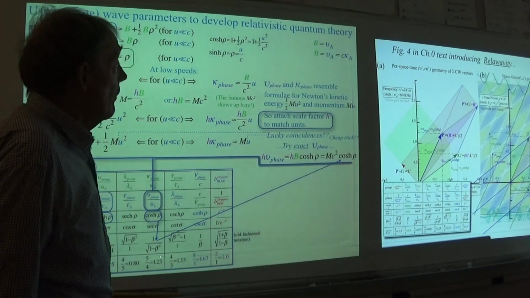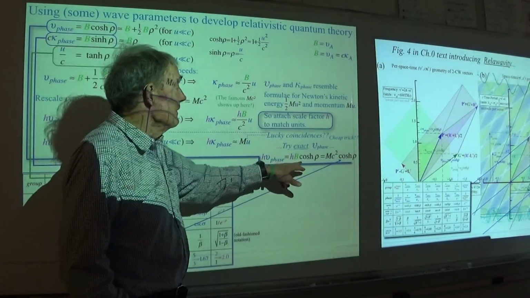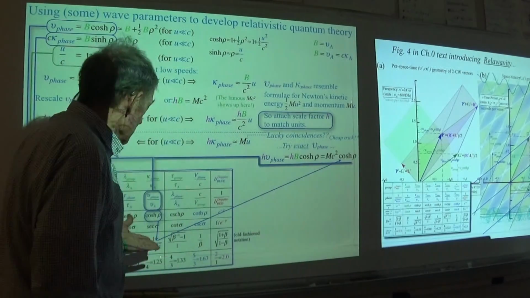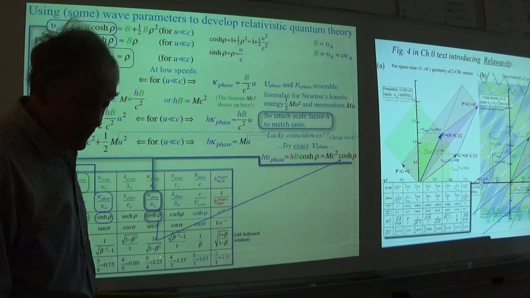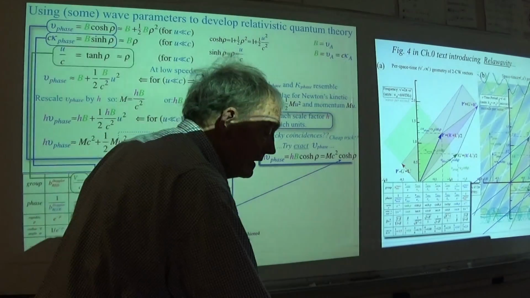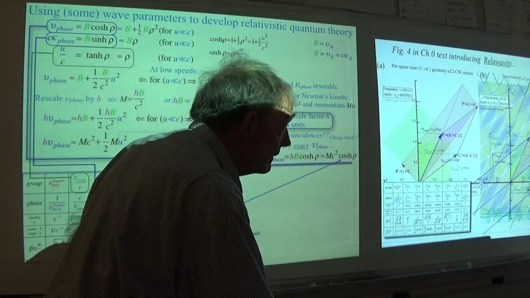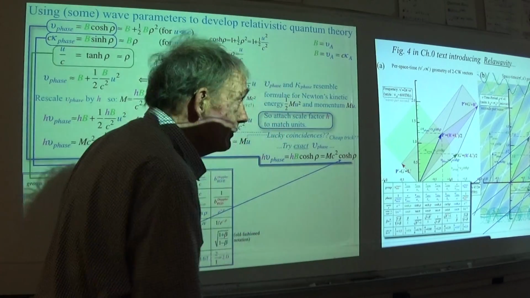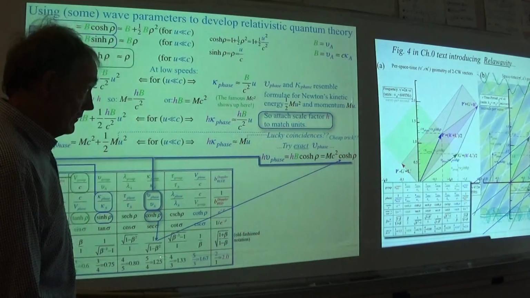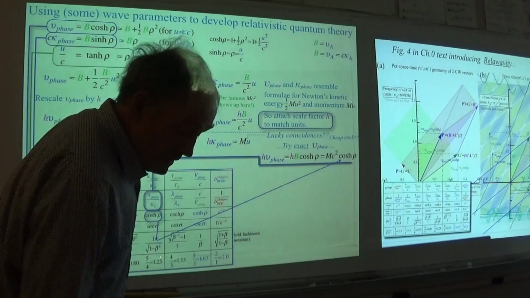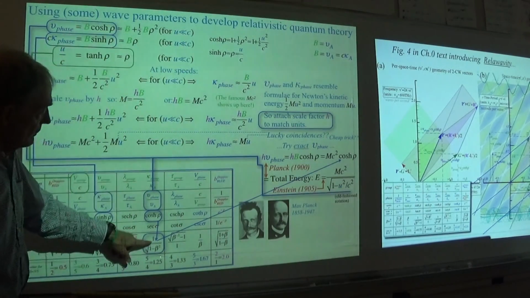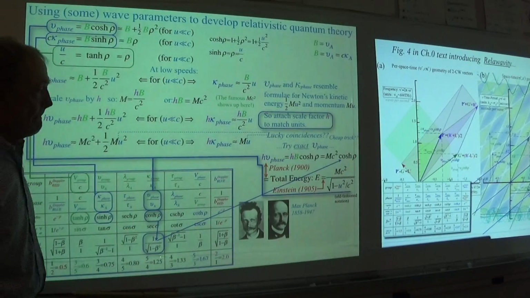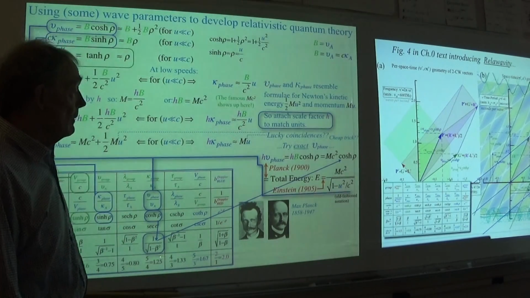Okay, so this, after you use the old-fashioned notation, is just the very famous equation. Not quite as famous as E equals mc squared, but it's got mc squared in it. That you can see by just using the old-fashioned notation for hyperbolic cosine. Okay. So here we go.